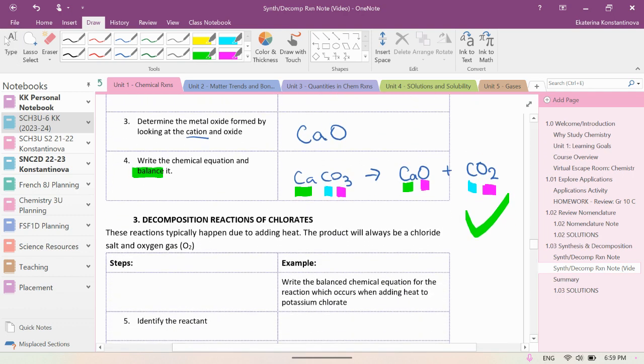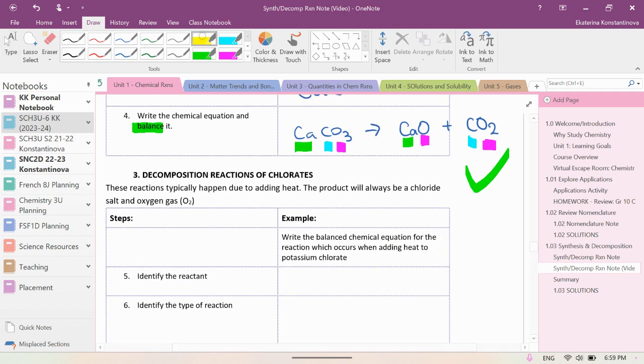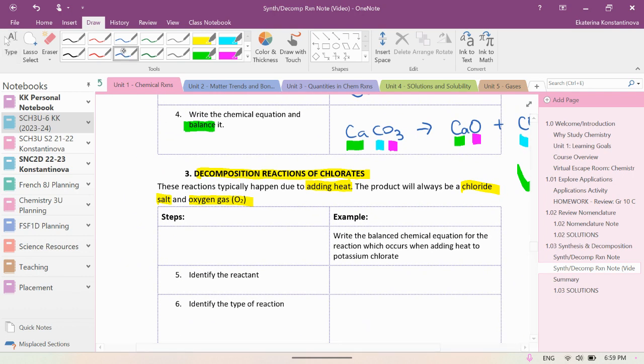We can move on. Now the next type of decomposition reaction is with chlorates. This reaction typically happens due to adding heat. The products will always be a chloride salt and oxygen gas. Last year, remember the word salt simply means an ionic compound.